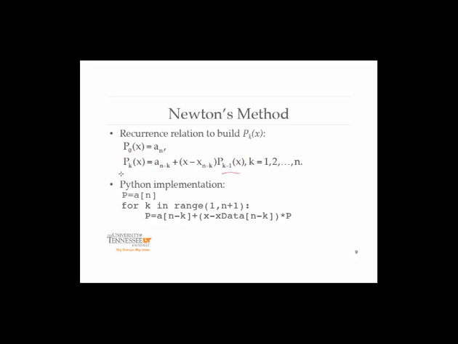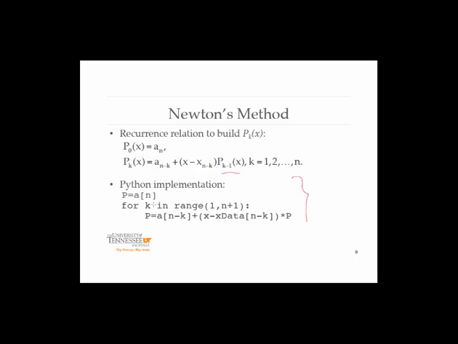You take lower order polynomials of the Newton form and generate the higher ones. The Python implementation is very straightforward and looks very much like the recurrence relationship you're seeing up there. We're just using array structures and the range function to iterate, with the iterator variable k indexing through it.